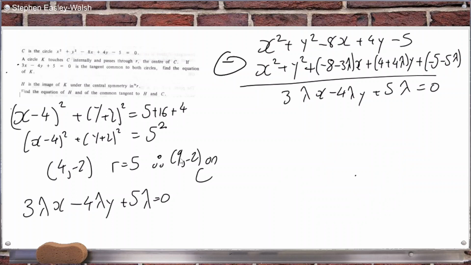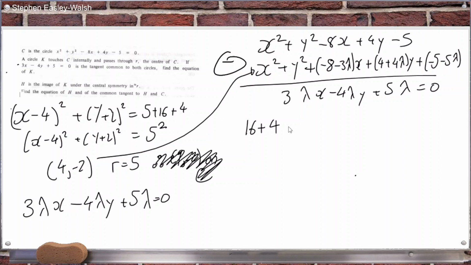Okay, so I can't do that, so I was thinking of doing that. So let's sub that in here, and we get 16 plus 4, and x is 4.